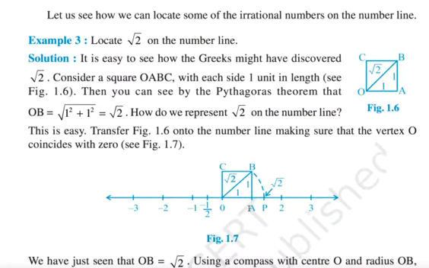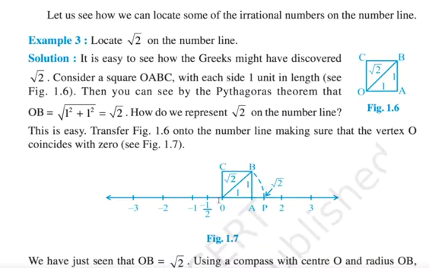Then this side is 1, this side is 1. What about the diagonal? According to Pythagoras theorem, this diagonal OB equals root over adjacent side square plus opposite side square, root over 1 square plus 1 square, that is root 2. That is what you want to look at, right?